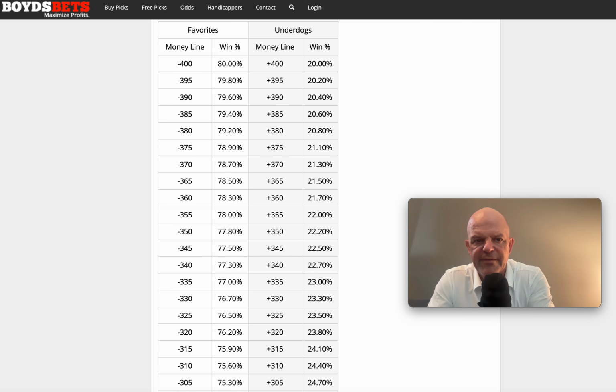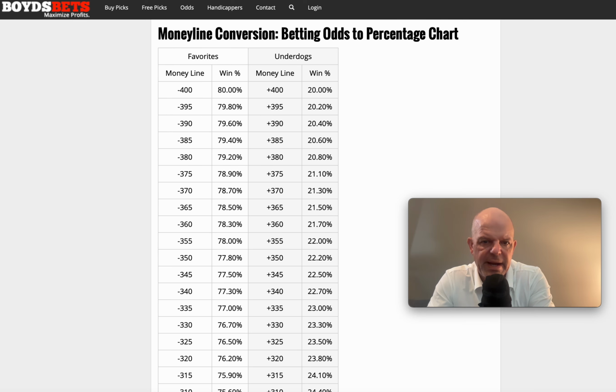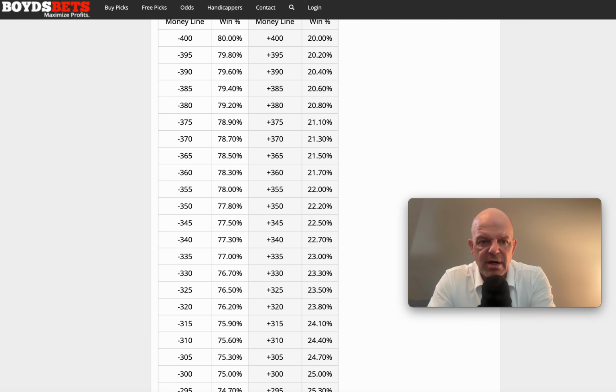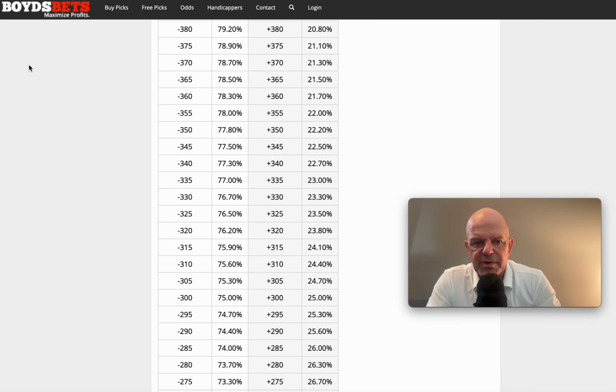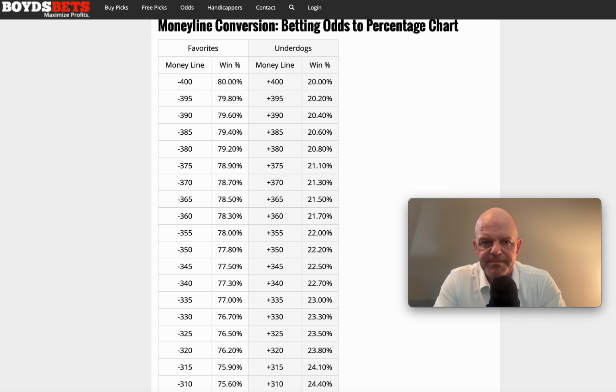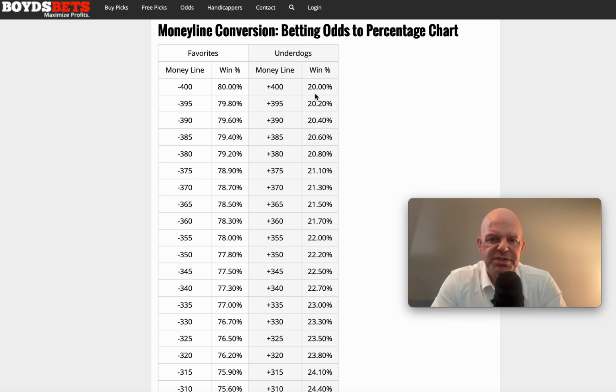You can just Google money line conversion, and this will pop up. All right, so Colombia is minus 333. That means in odds via my model, they have a 77% chance of winning. Really high percentage. Paraguay is plus 400. Plus 400 converts into a 20%.